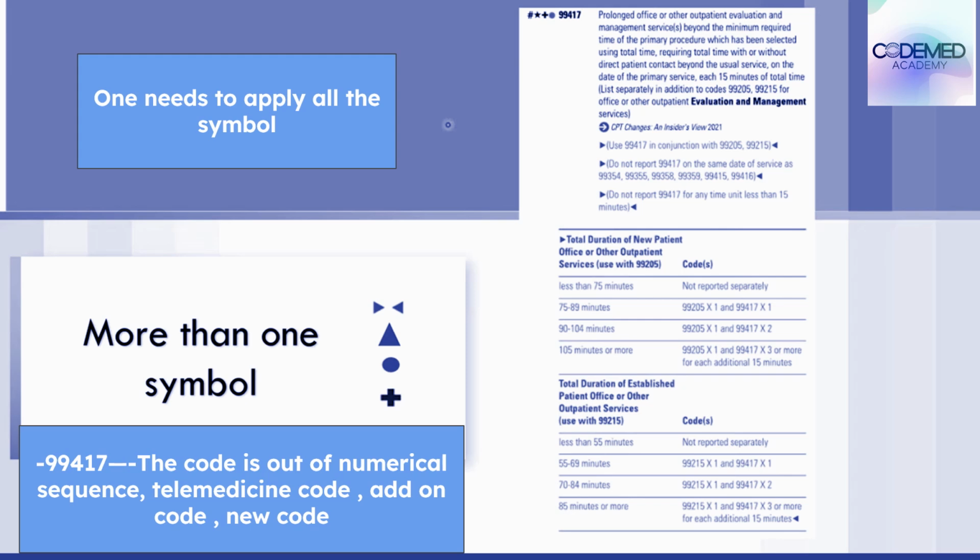So we have seen in the previous page, or here also, that there is a code 99417, and in front of that there is a hashtag, there is a star, then I can see the plus sign, and then there is a red dot. Now when I have to read all these signs, I will say that this particular code is out of numerical sequence, it is a telemedicine code, it is an add-on code, and it is a new code. So you have to apply all these symbols whenever you are reading that particular code.